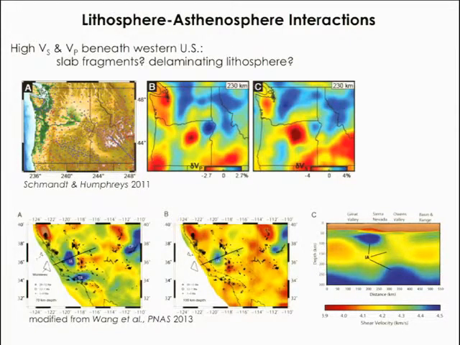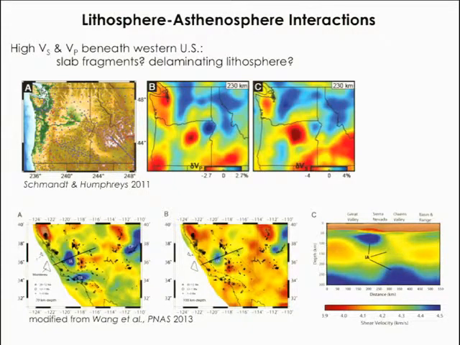The Isabella anomaly is a feature that's also sometimes called the southern Sierra Nevada anomaly and has, by other studies, been interpreted as a lithospheric drip. But in this case, on the basis of both the eastward dip of this feature, which you can see in the cross-section on the far right, and on the basis of its geometry relative to the Monterey microplate located just offshore, these authors prefer an interpretation of a stalled slab.